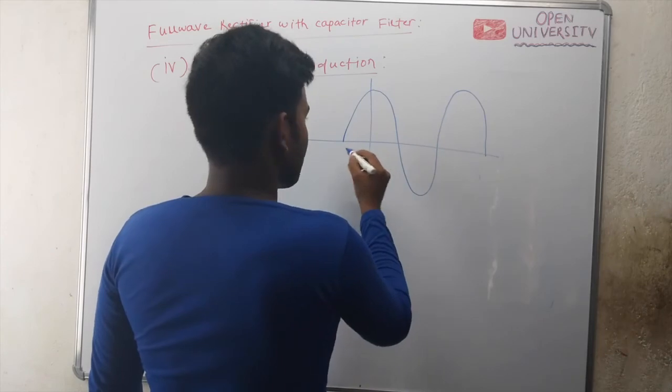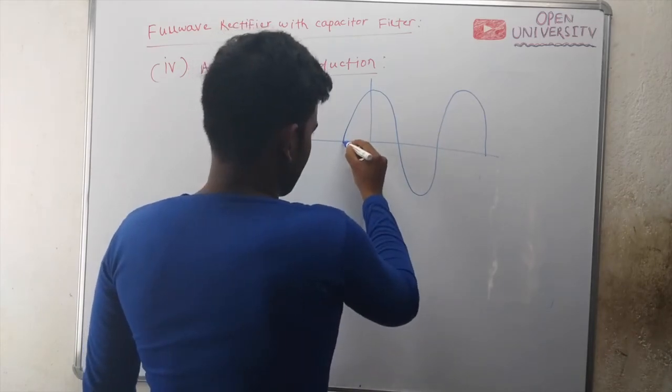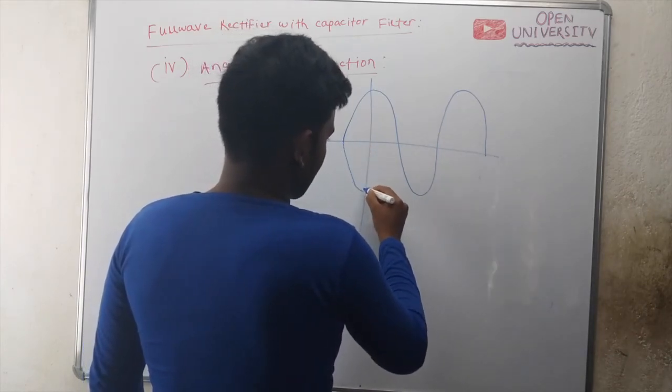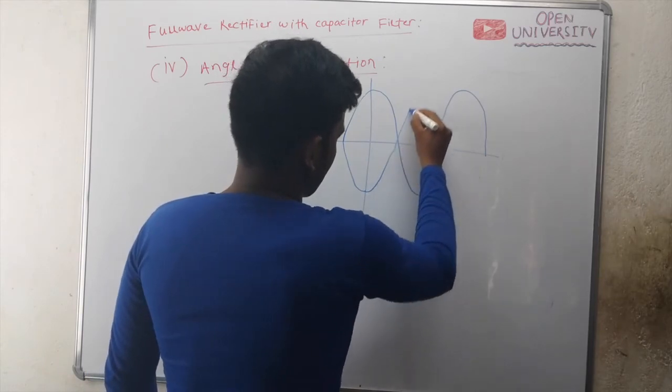Okay, this is your cosine function VA, and this is your VB.